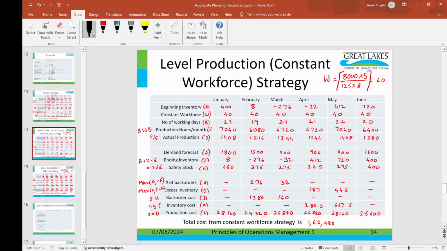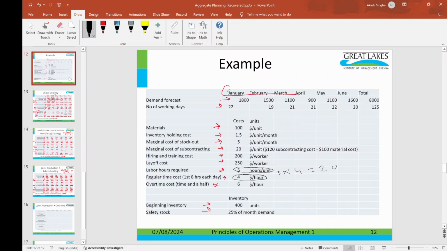Now, level production or constant workforce strategy, where we don't fire anyone and we don't hire anyone. We create a constant workforce and use that. Here we have seen that the total demand is 8,000 and the number of working days is 125, right?